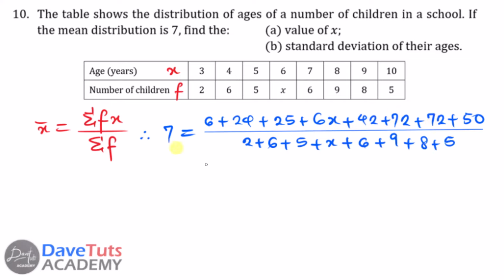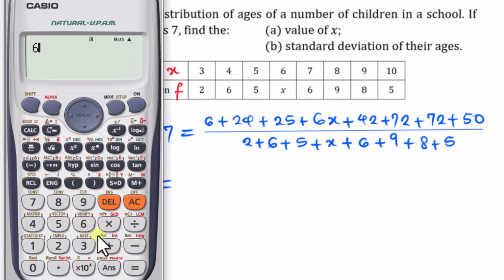Our task is to simplify this such that 7, or 7 over 1, is equal to the sum of all of this, which you can evaluate with a calculator. So you can have 6 plus 24 plus 25 plus, let's leave 6x, plus 42 plus 72 in 2 places, and then plus 50.